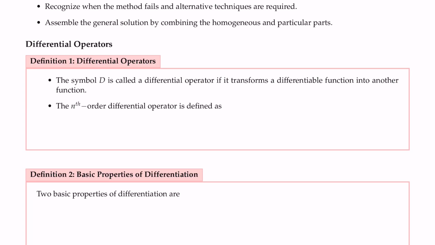Then the nth-order differential operator is defined as capital L equal to a sub n of x times D^n, where D^n can be thought of as the nth derivative, plus a sub n minus 1 of x times D^(n-1), the n minus 1 derivative, and so on and so forth, up to a1 of x times D, with capital D by itself being the first derivative, plus a0 of x.